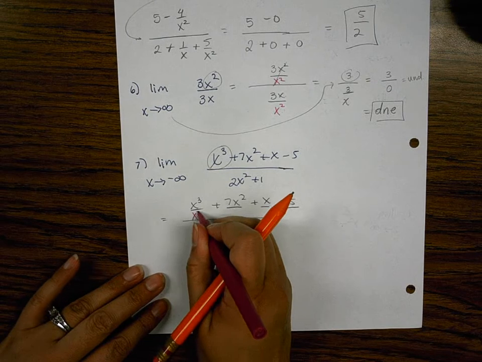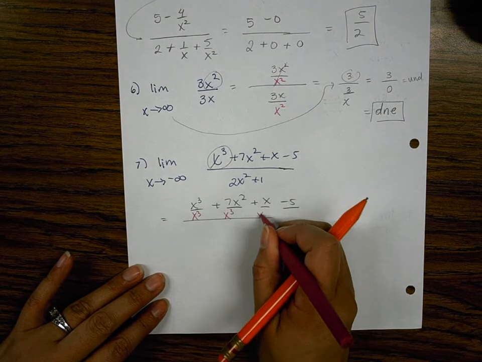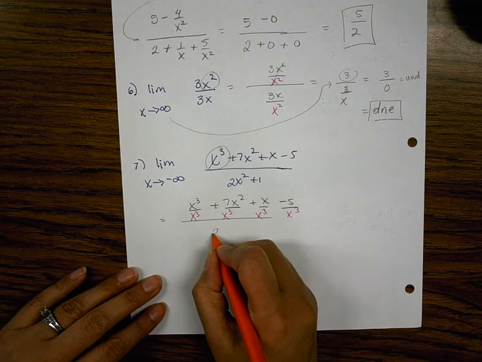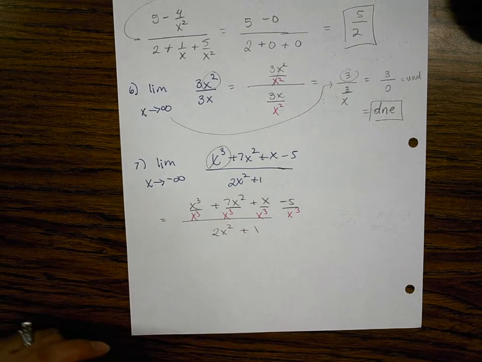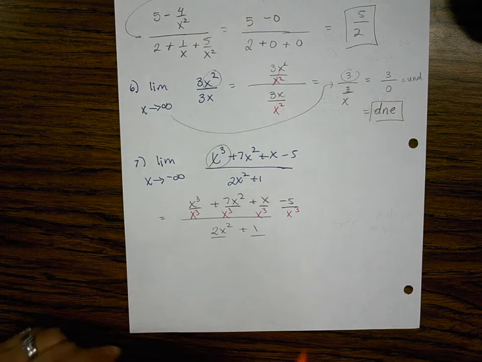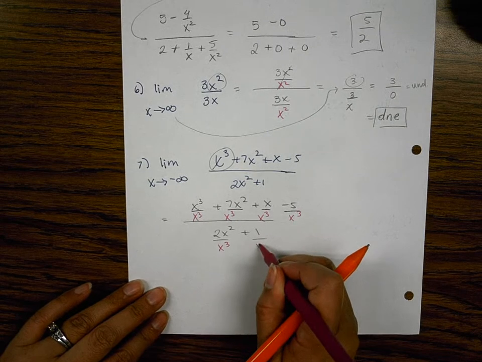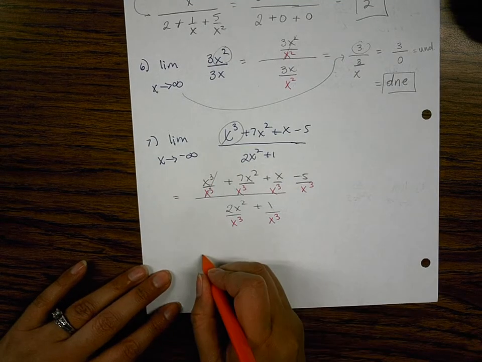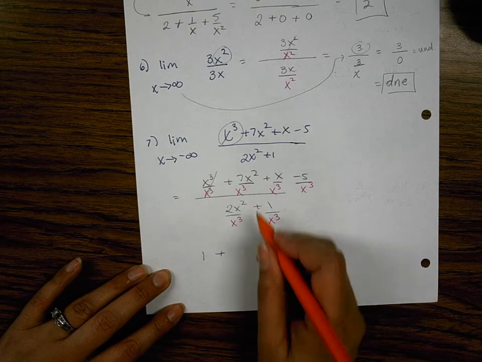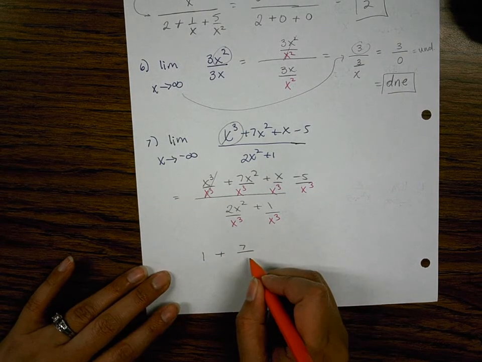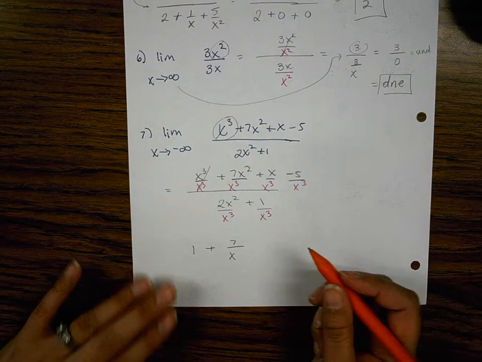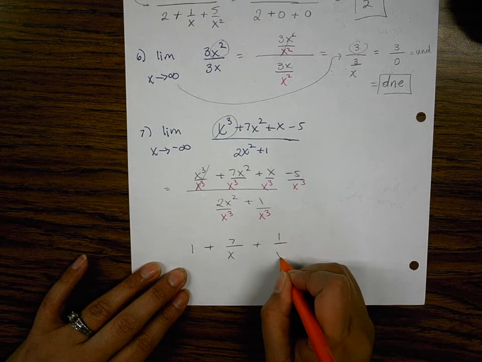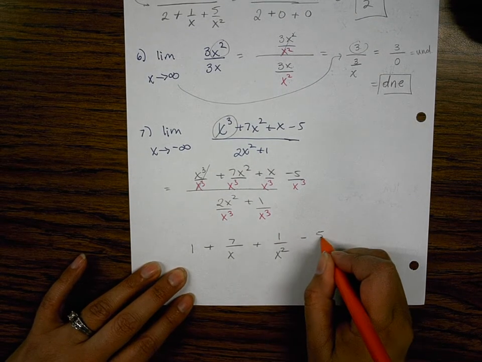Everything in the numerator, divide it by x cubed. And then everything in the denominator, divided by the x cubed. All right, that reduces to 1, plus that reduces to 7 over x, then plus 1 over x squared, minus 5 over x cubed.